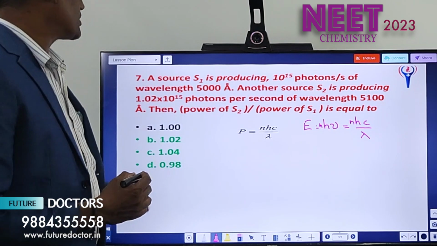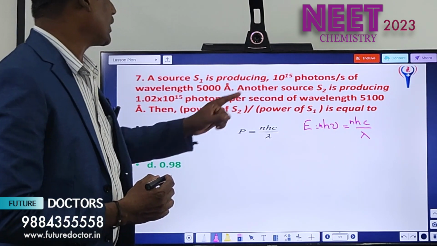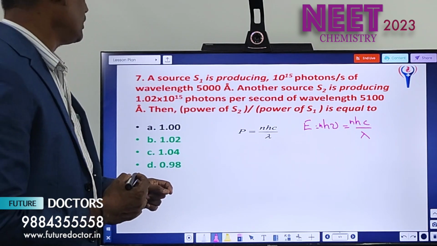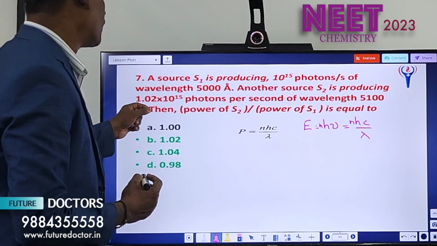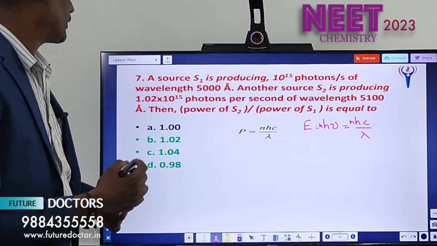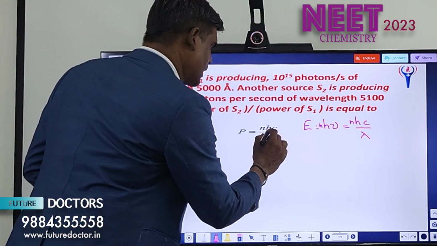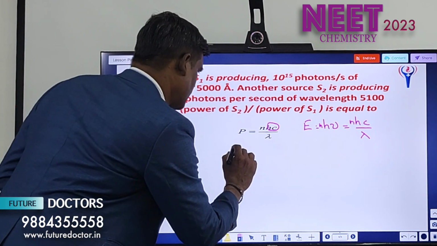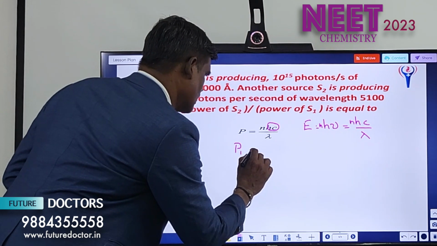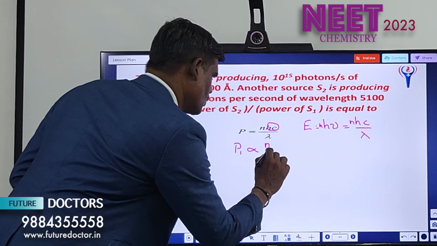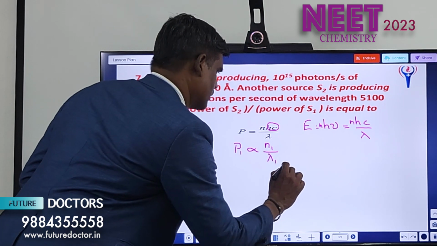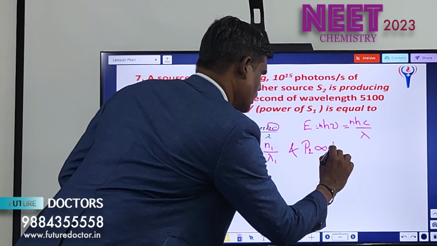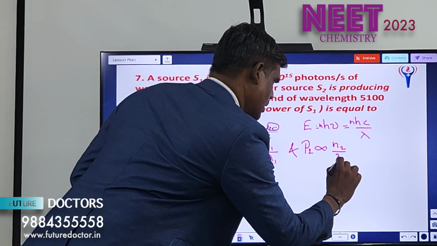And here two cases are there. One is 10 power 15 photons per second for wavelength 5000 angstrom. Another one is 5100 angstrom for 1.02 into 10 power 15 photons. So hc will be maintained constant. By removing the constant, P1 is proportional to N1 by lambda 1. Similarly, P2 is proportional to N2 by lambda 2.